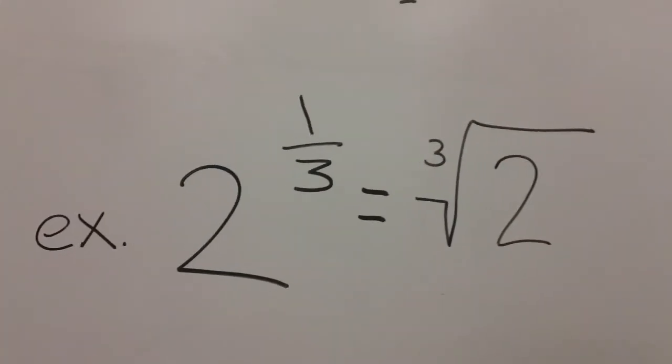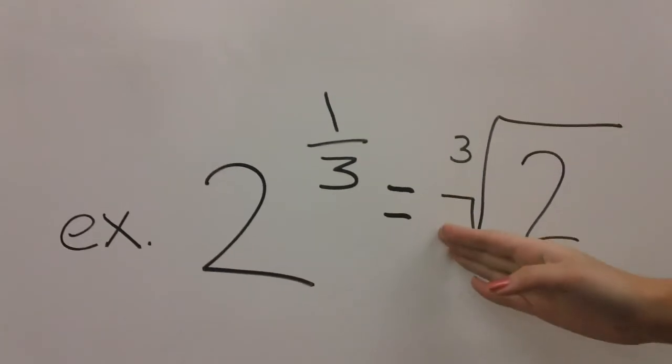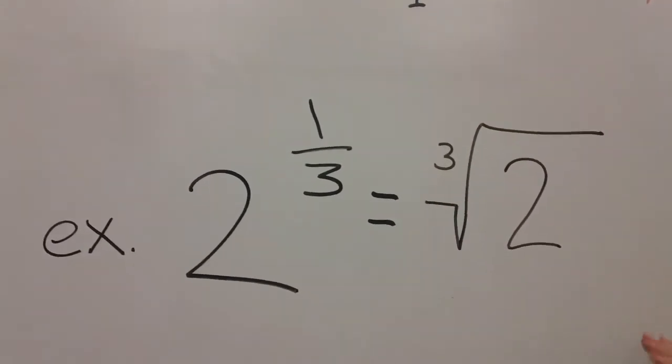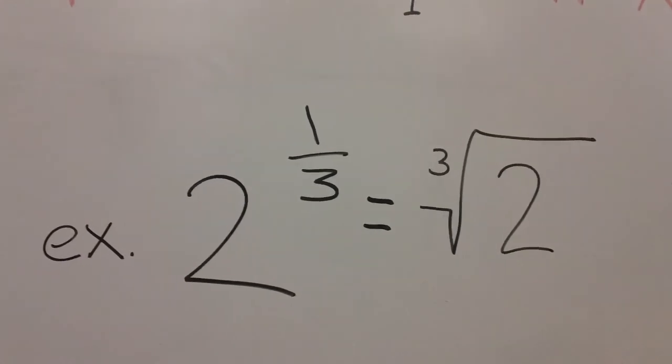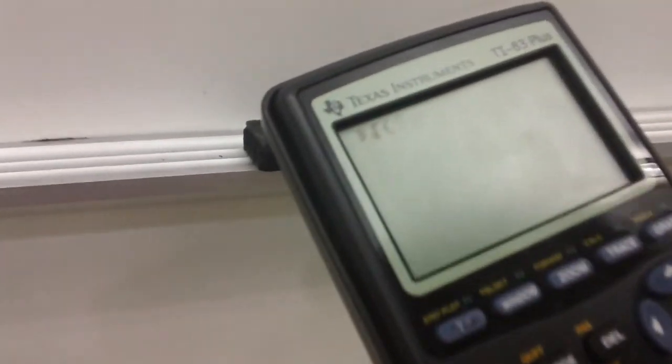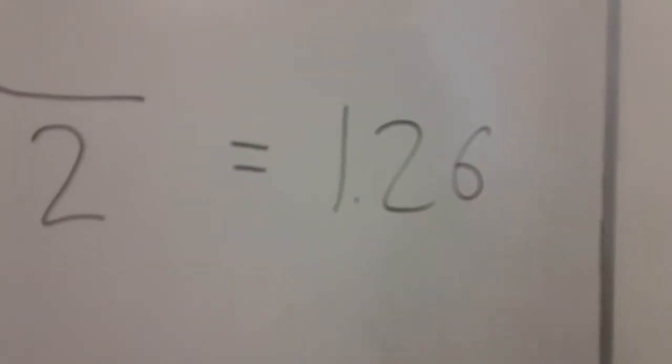We bring the 3 over here and make it a cube root of 2. Most cases you're not going to get a perfect number whenever we take cube roots of things, so let's look at our calculator. The cube root of 2 is going to give us 1.26, which would be our answer. So that's how we simplify exponential expressions.